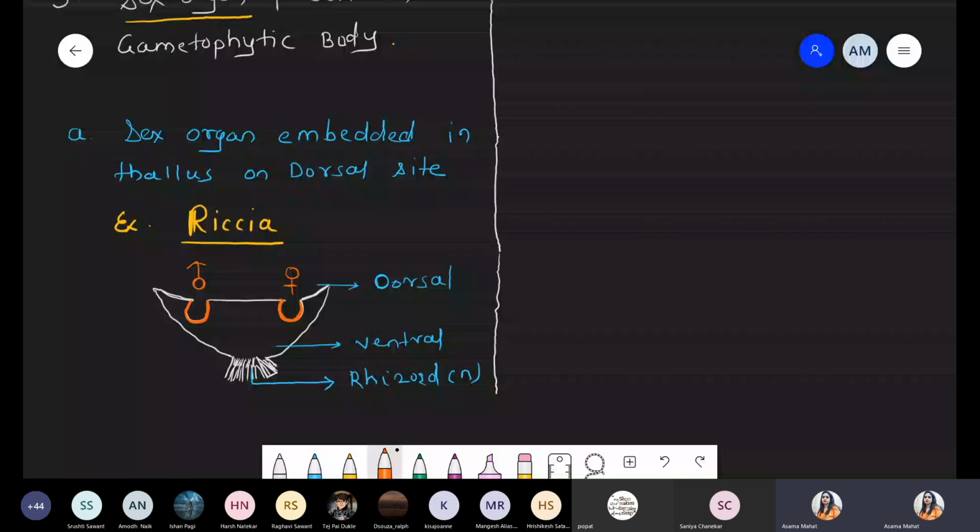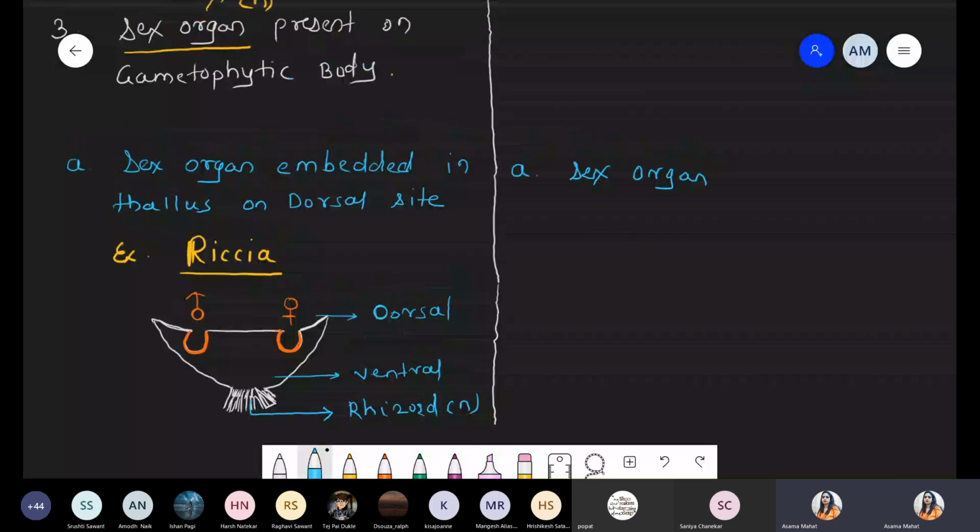Okay, so this is the first point with respect to liverworts. Whenever we compare this point with mosses, which is the largest group, the largest class, in this condition the sex organs are present at the tip of the leafy shoot.